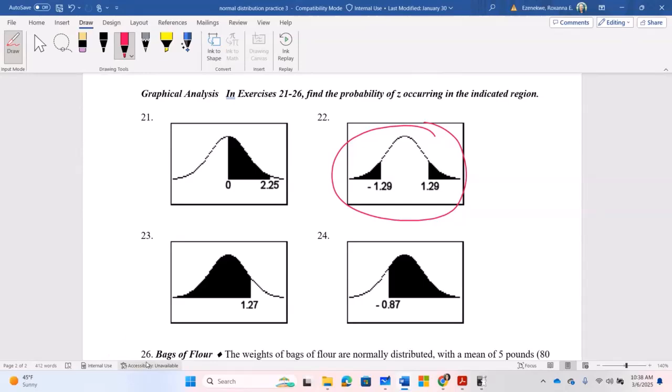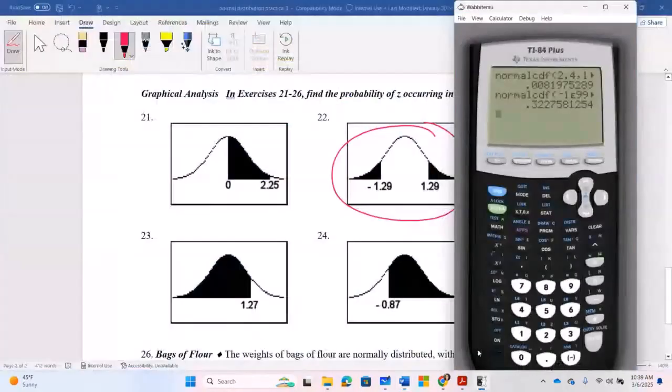So I am going to get my calculator. I have normal CDF, second distribution, and then normal CDF is number 2. I'm going to clear this one too. I'm putting it in again so you can't forget this.